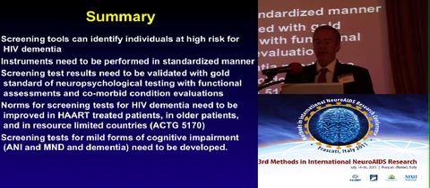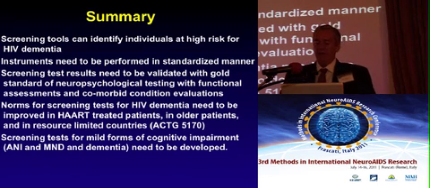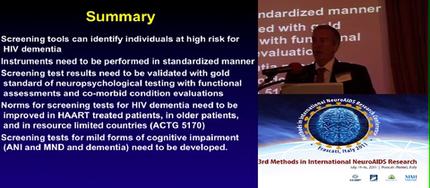These instruments need to be performed in a standardized manner for every patient. These screening test results, if at all possible, need to be validated with a gold standard of neuropsychological testing with functional assessments, as well as an evaluation for comorbid conditions. The norms for the screening tests for HIV dementia need to be improved in CART-experienced patients, in older patients, and in resource-limited countries.